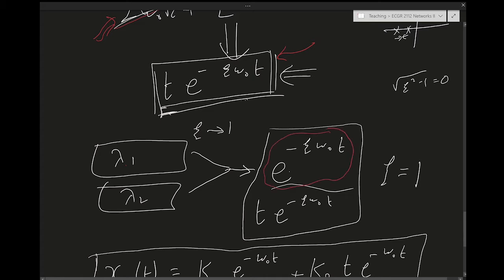But by examining what happens to those two solutions as they approach each other, I can extract another solution that I can use to build the general solution for the second order equation, because differential equation theory says that the second order ODE needs to have two solutions that you can use to build up the general solution.